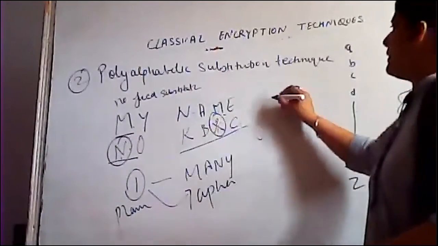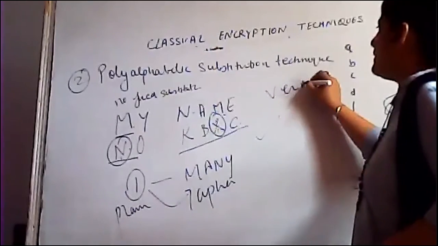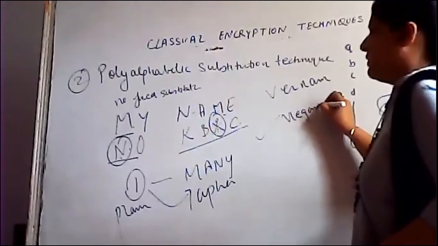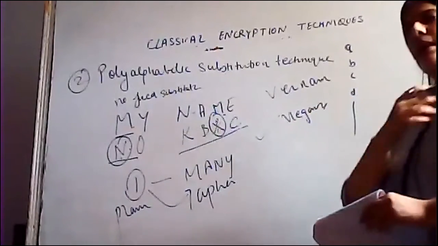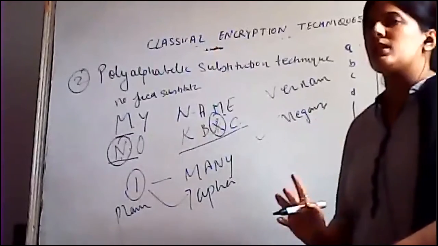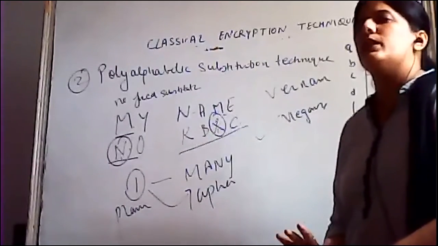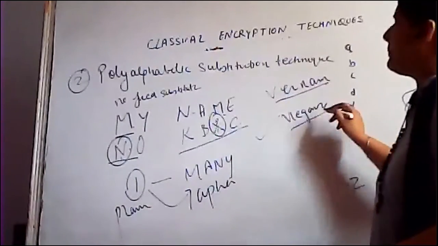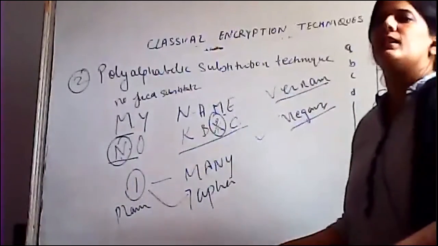In this particular method, we will be discussing two methods. One is Vernam and another one is Vigenere. I will discuss them one by one. But just keep in mind that in polyalphabetic technique, we are using Vernam and Vigenere, which we will be discussing in this section.